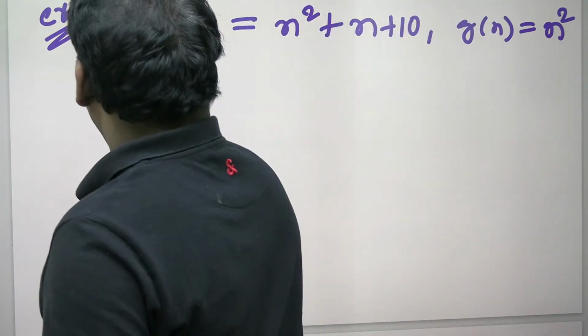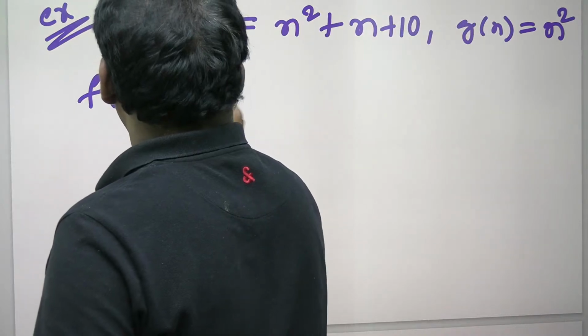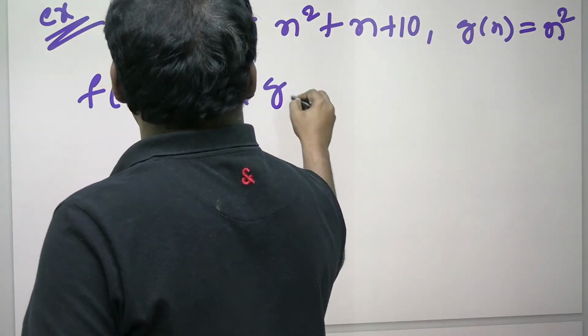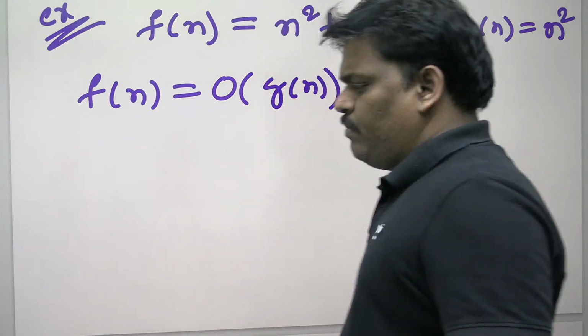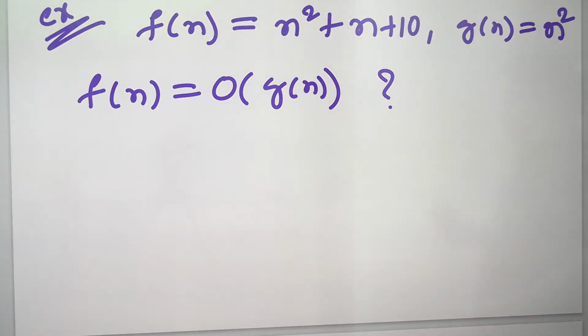I want to prove f of n is big O of g of n. Is it right or wrong? Can you verify? If f of n is n square plus n plus 10 and g of n is n square, I want to prove f of n is big O of g of n. Is it right or wrong? Can you verify?